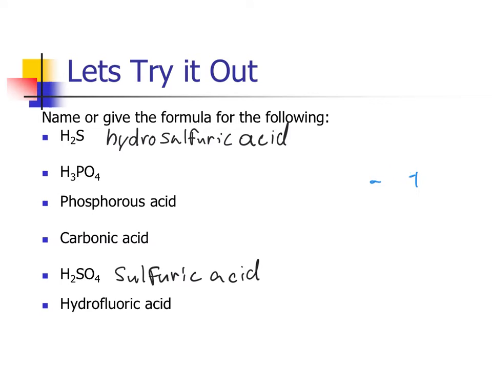Now, when I look at my next example, I can see that I have 3 capital letters, which usually indicates a polyatomic ion. It starts with a hydrogen, indicating that I've got an acid. So again, you have two options: memorize your polyatomic ions or utilize the reference materials that I give you.